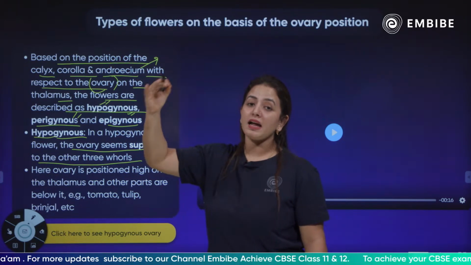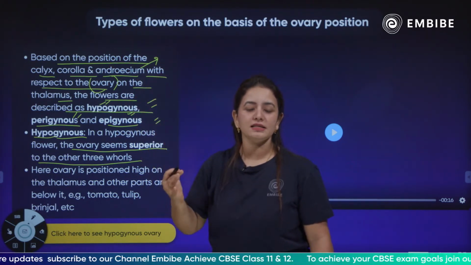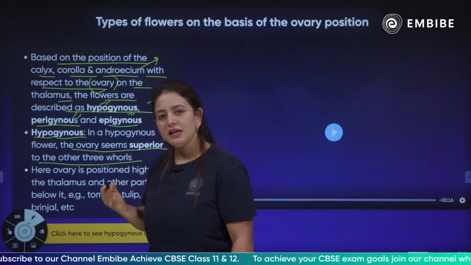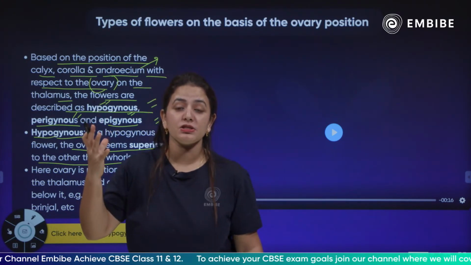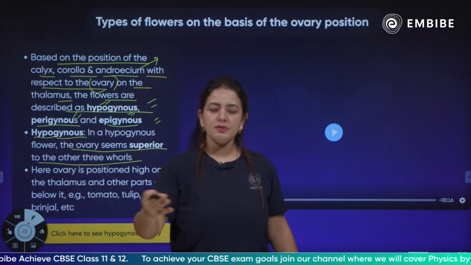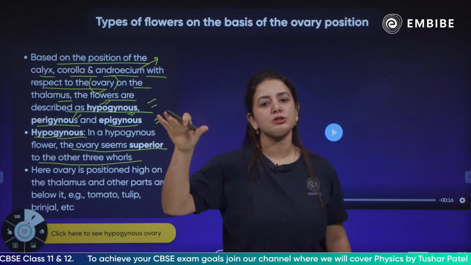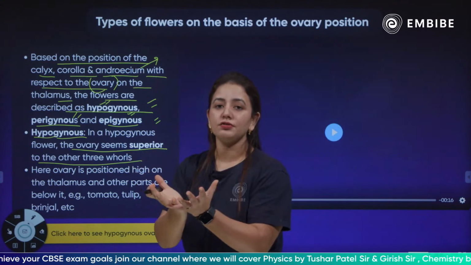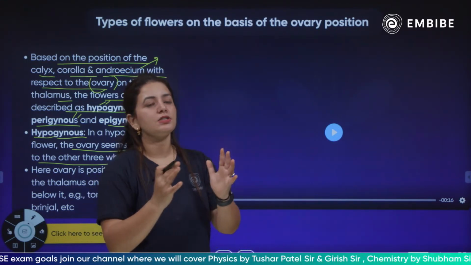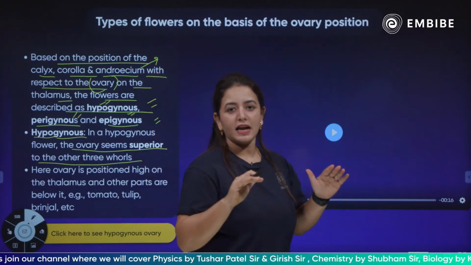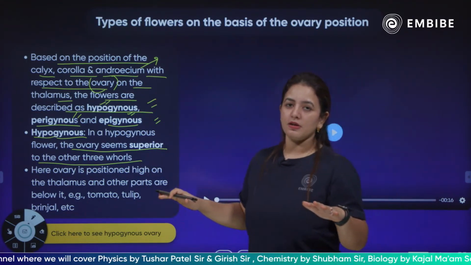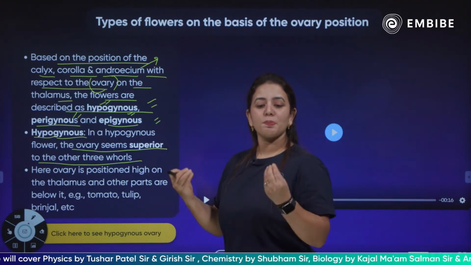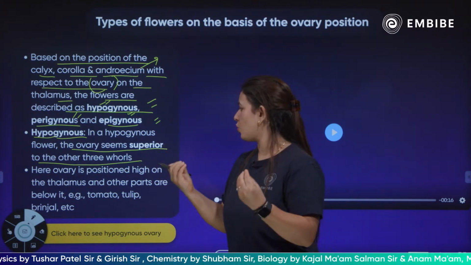So hypogynous flowers are those flowers in which the ovary is at the superior position, and androecium, calyx, corolla are just below it on the lower level. It is an arrangement in which the ovary is at a higher level and the others on the lower level, and that is why we also call it a superior ovary.